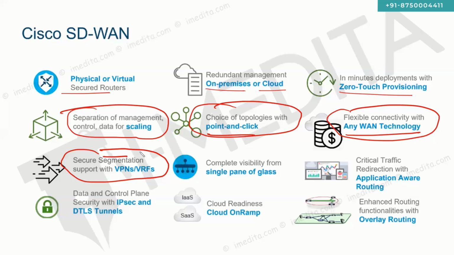Within an organization, you have different departments, and you want them to be in different segments, or you want those different department users not to talk to each other. For example, you have corporate users, but if you are a financial institution, let's say a bank, then you have one network for your users and another network for POS machines.